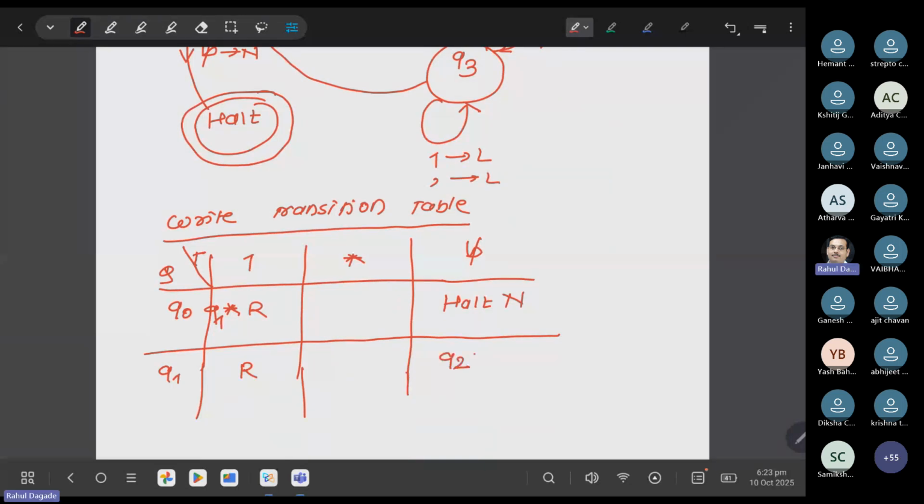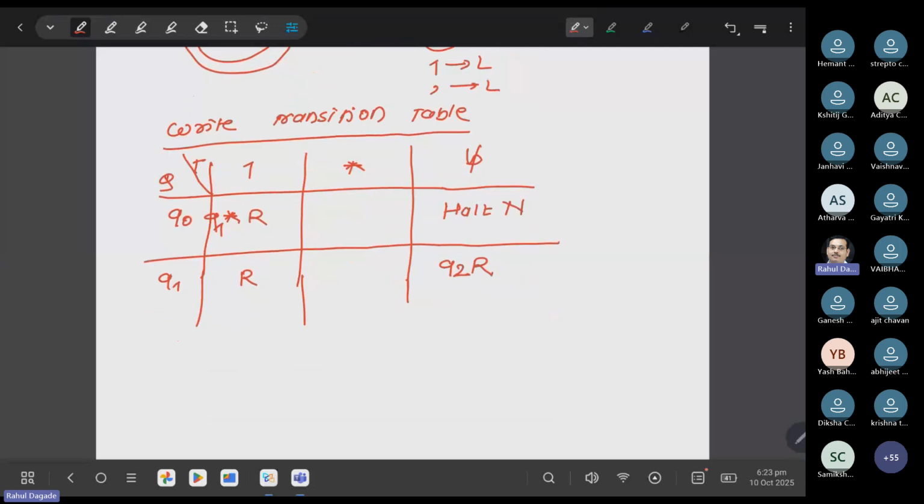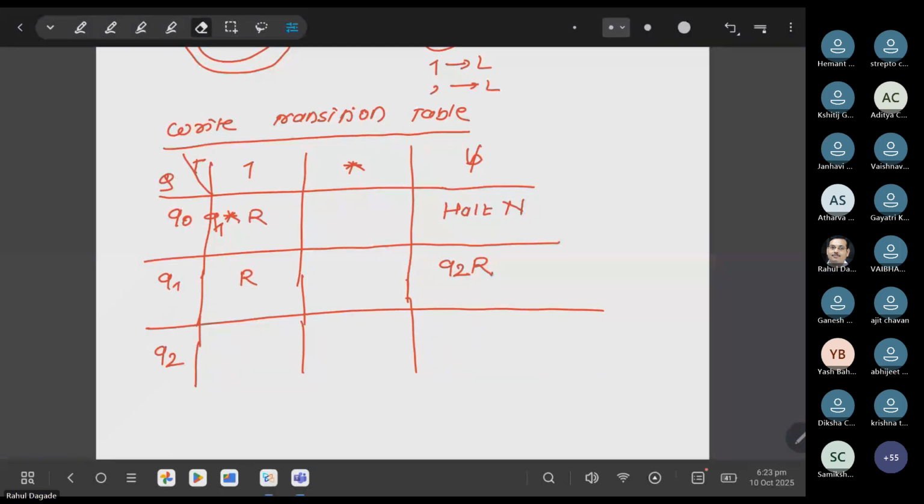So Q2 R. Keep the first blank as it is; it is not changing that blank. And what is Q2 state doing? When it gets a blank, it writes 1 to that, comes to Q3 state, and moves the pointer to the left.